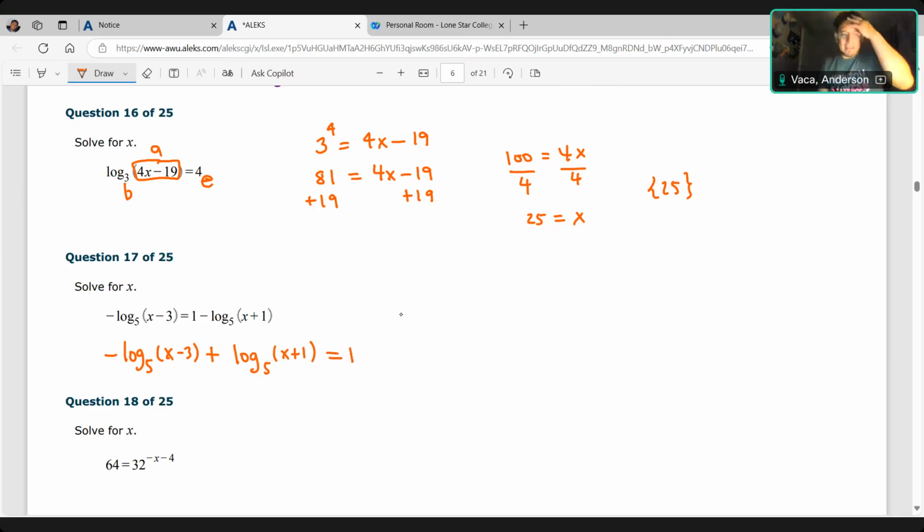And even then, I don't like the way this is written, so let me rewrite it like so. Look, check this out: the logarithm base 5 of x plus 1 minus the logarithm base 5 of x minus 3 is equal to 1.